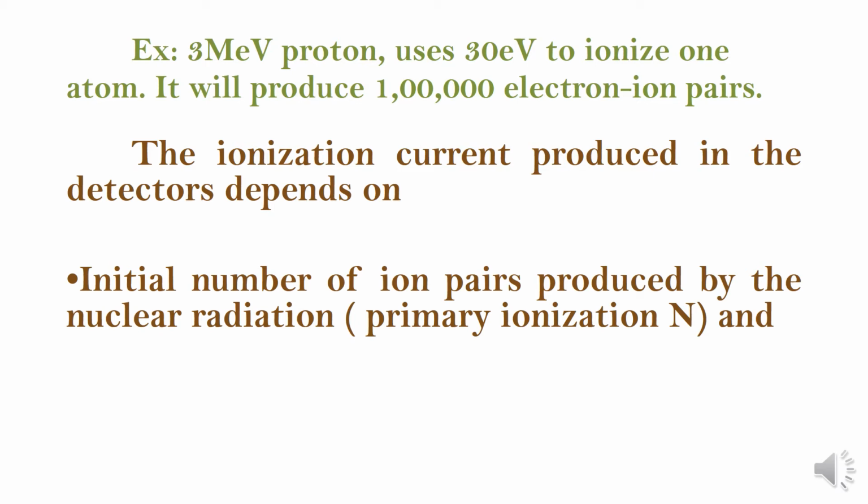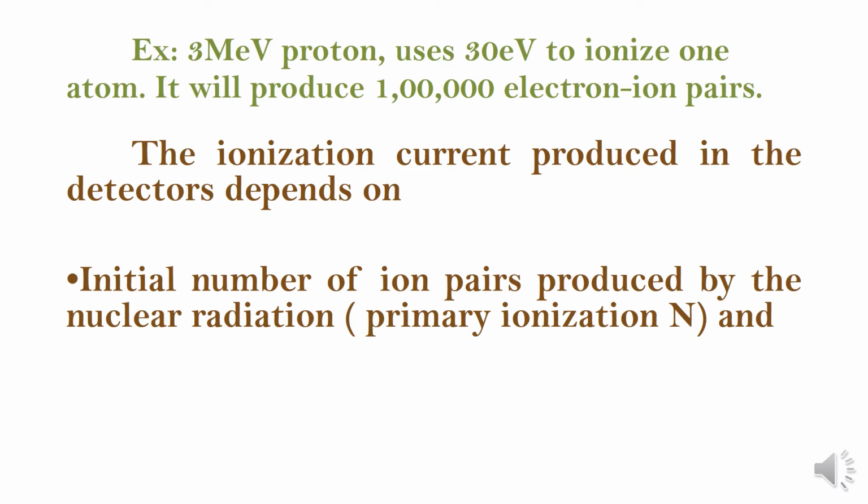And the value of N depends upon which type of radiation is entering into the chamber, whether we are allowing alpha particle or beta particle or gamma particle. Depending upon the type of radiation, the value of N will vary. This is one factor on which the ionization current depends.